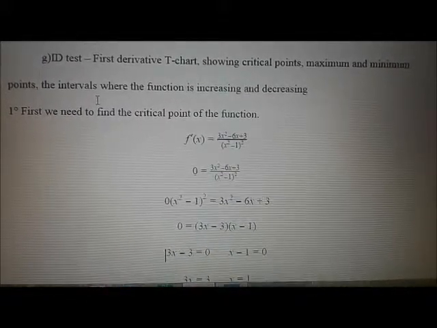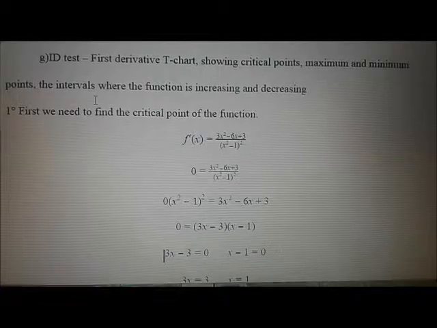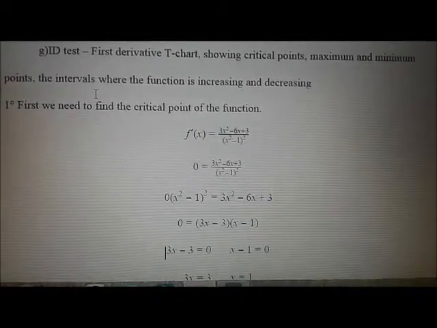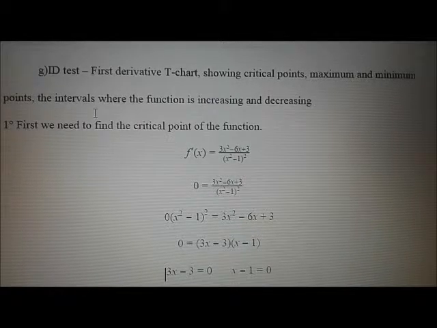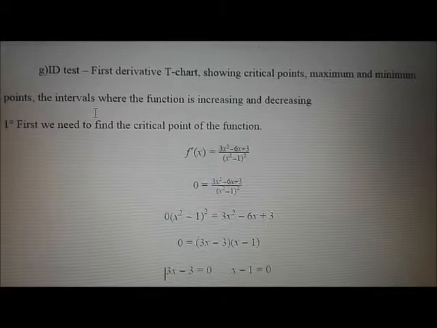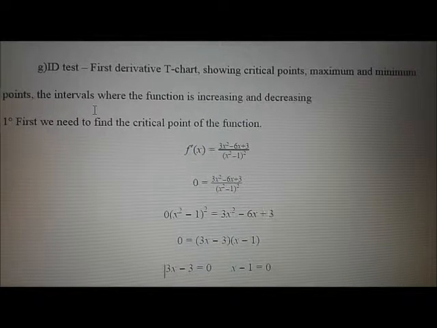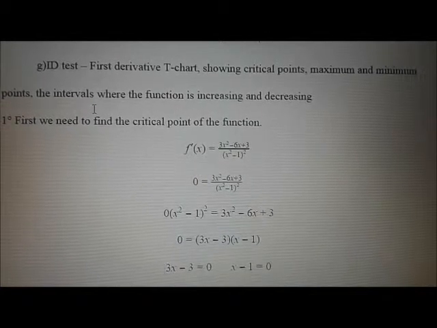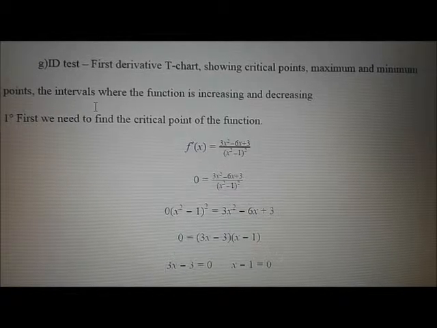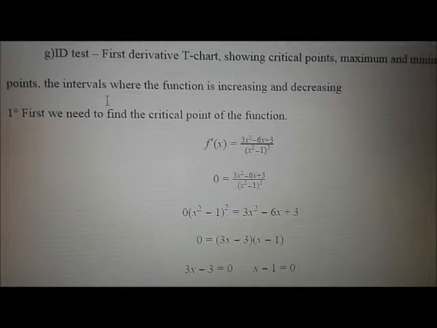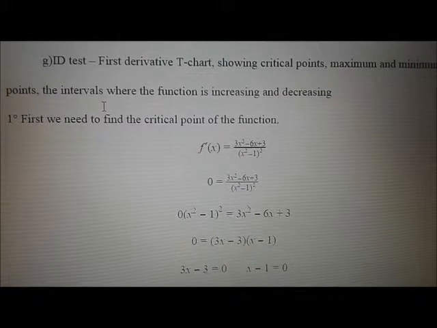First, we need to find the critical point of the function. The first derivative of our function is 3x squared minus 6x plus 3 divided by x squared minus 1 squared.